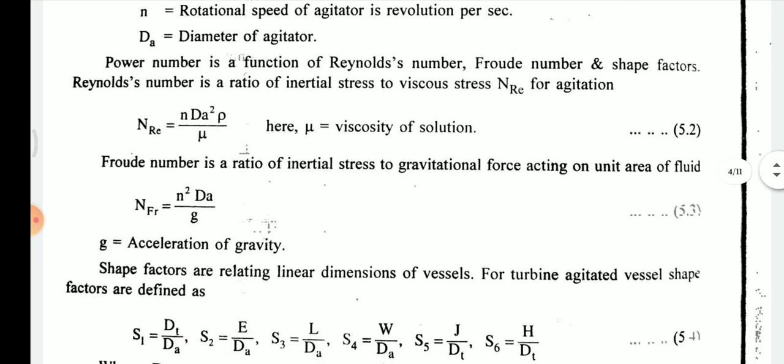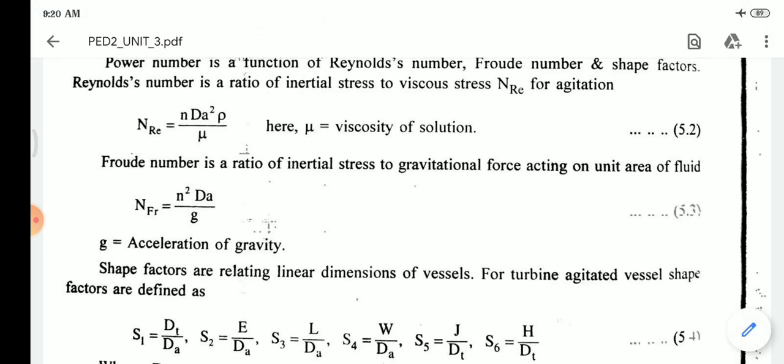The Froude number is the ratio of inertial stress to gravitational force acting on a unit area of fluid. The Froude number is NFr equals n squared dA by g, where g is the acceleration of gravity.